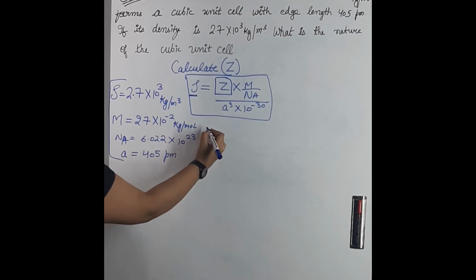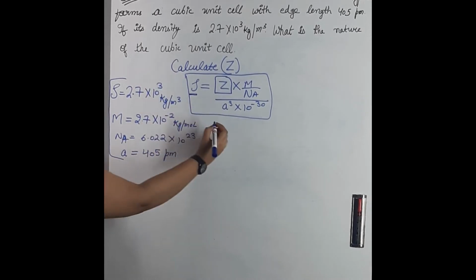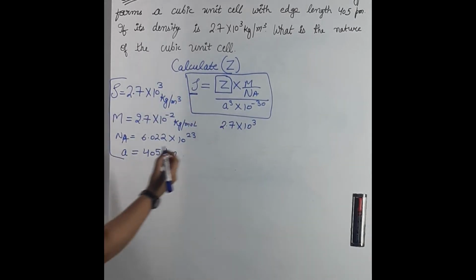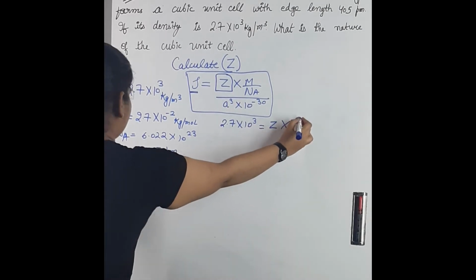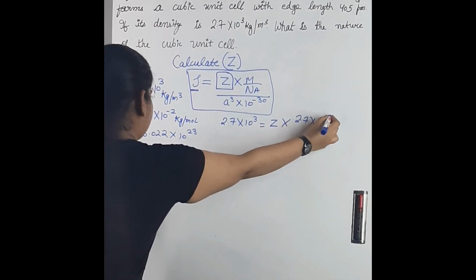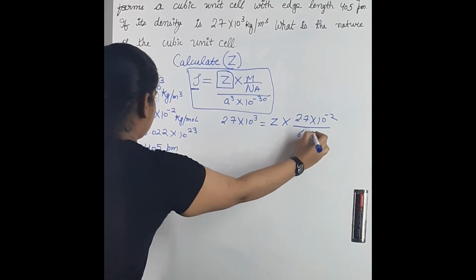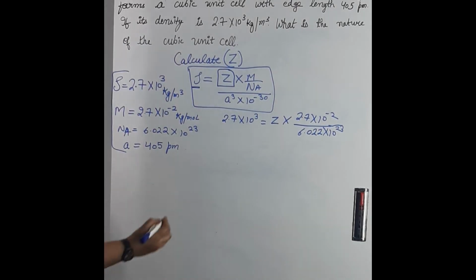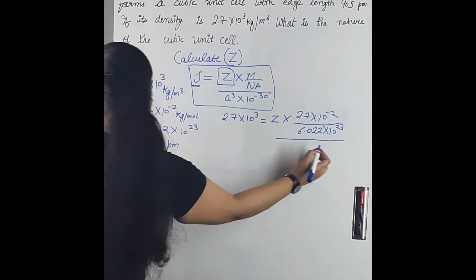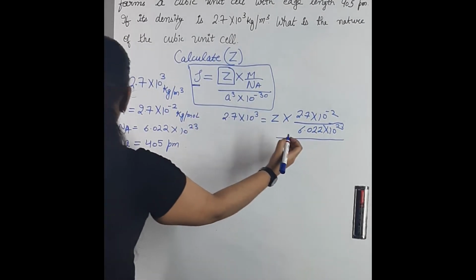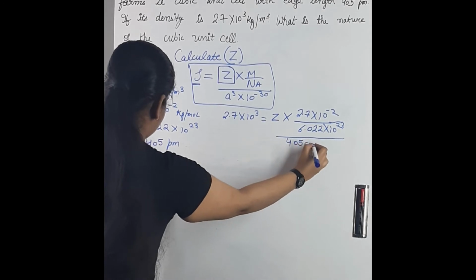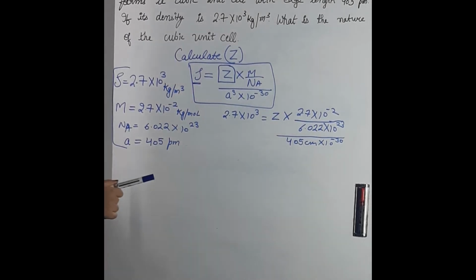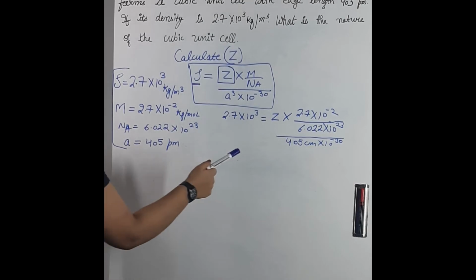The value of Z can be calculated by putting these values into the formula: 2.7 into 10 raised to power 3 in place of rho is equal to Z multiplied by 2.7 into 10 raised to power minus 2 in place of m and 6.022 into 10 raised to power 23 in place of Avogadro number, divided by volume, that is 405 into 10 raised to power minus 30, as I have converted in the derivation part as I have shown you.